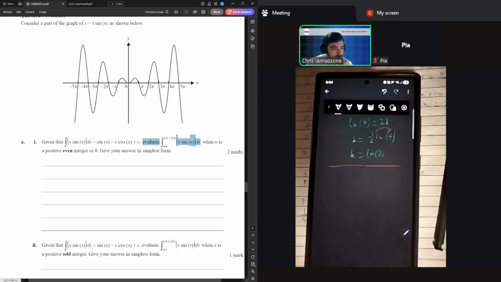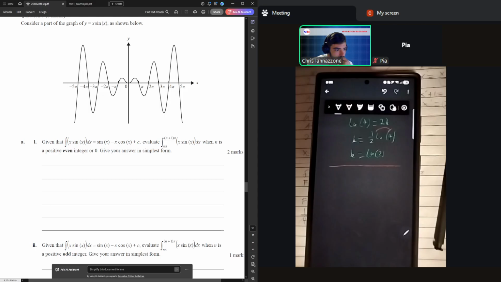Ultimately it just says evaluate this, which is a definite integral. So a good place to start would be to do the same thing we do to evaluate any definite integral. We've had some practice evaluating definite integrals today already.